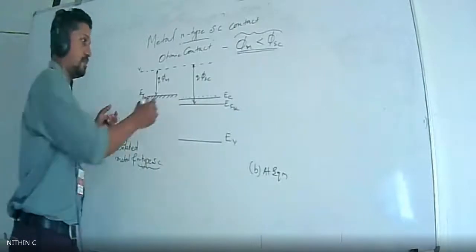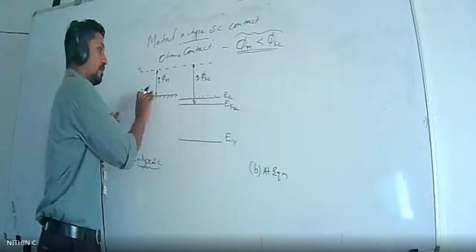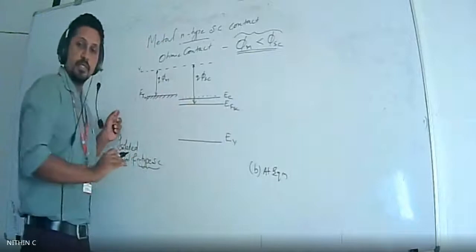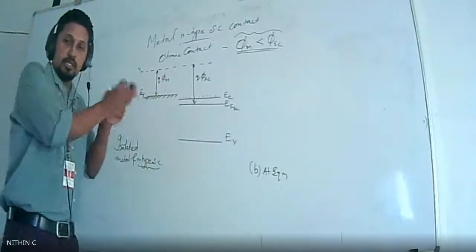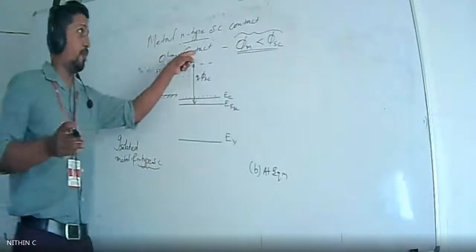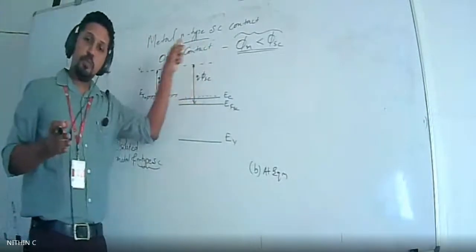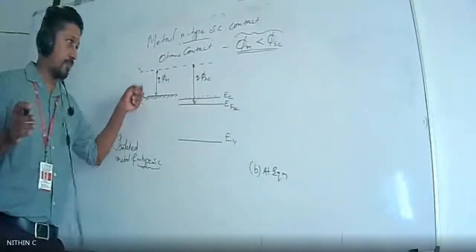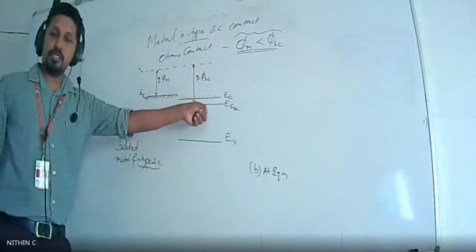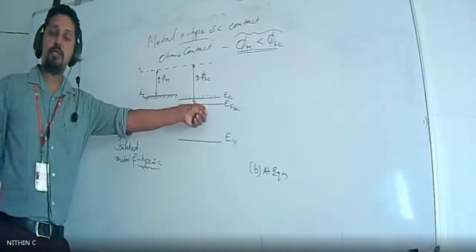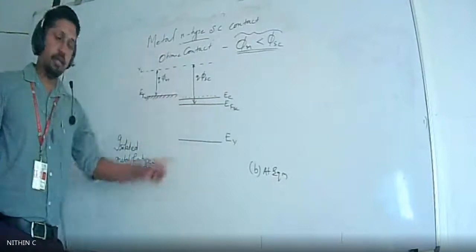Here the electrons from the metal will flow towards this side when we join them. As a result, in the case of ohmic contact, there will be motion of electrons from metal to the semiconductor, and there won't be any depletion layer. Instead, you will have an accumulation layer or accumulation region at the interface.